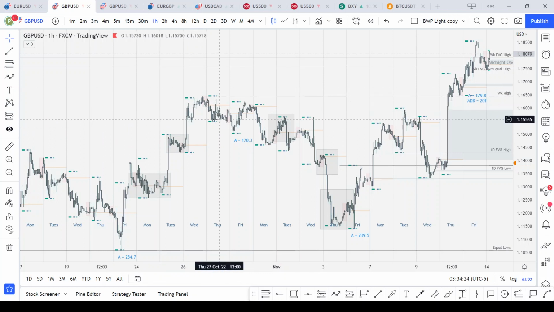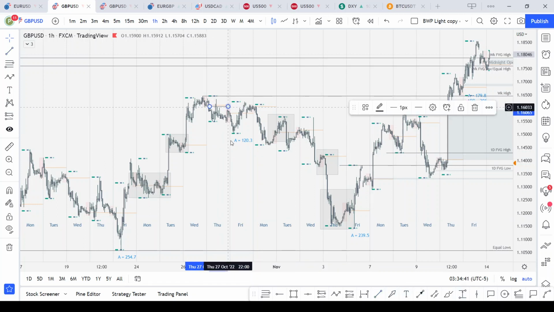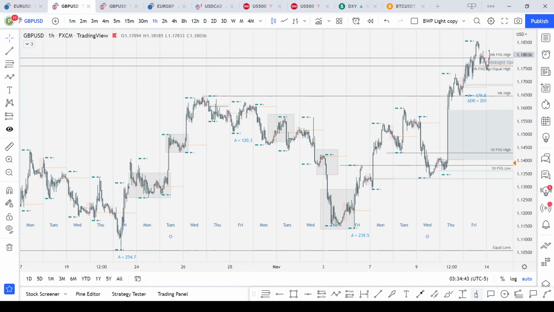And then the low risk entry is when price returns to a breaker or a fair value gap. You can see from here that this is a return to a fair value gap, so you can refer to this as a low risk sell if you want to.